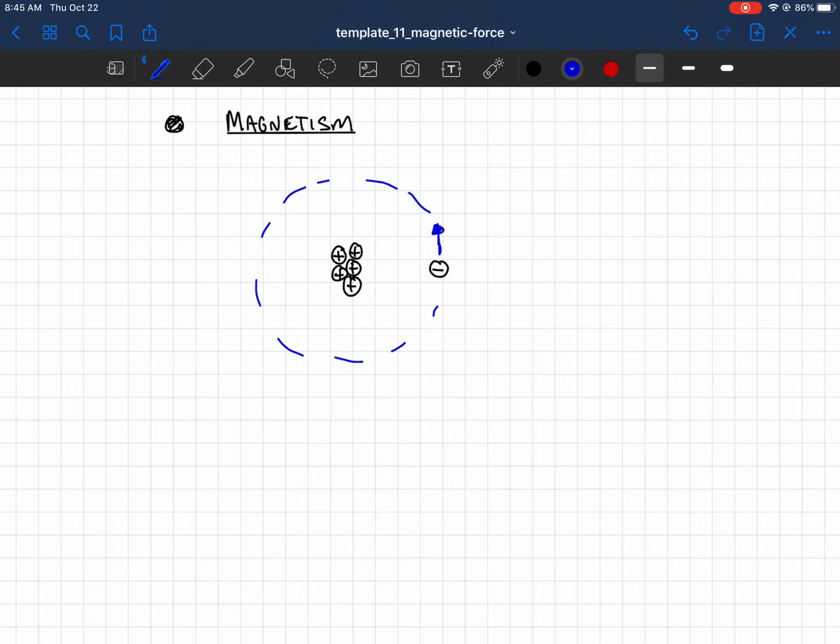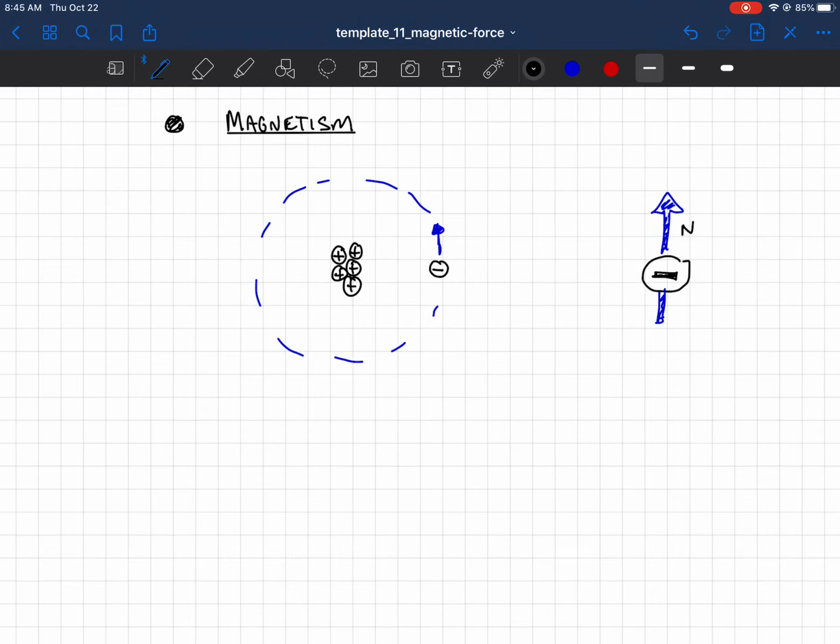It turns out that the more important way that an atom can create magnetism is because the electron itself has what's called an intrinsic spin to it. And so we can just draw a little spin vector which creates its own magnetic field.